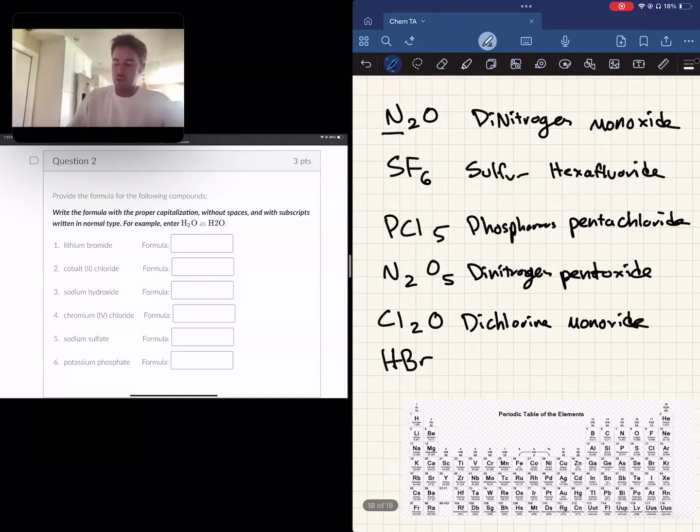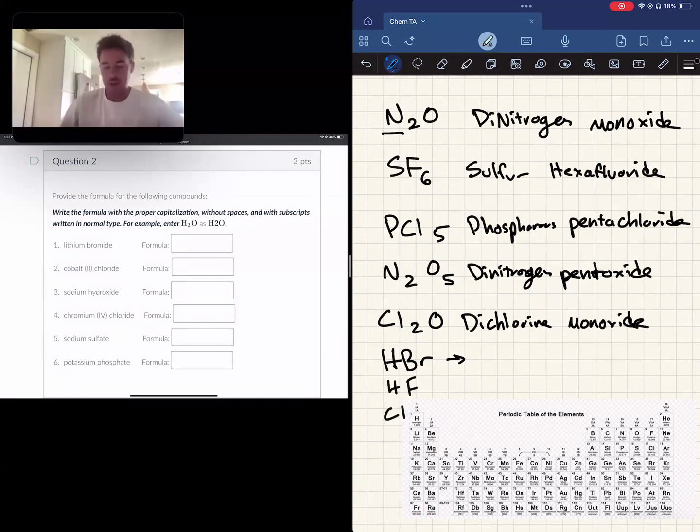Okay. And then this is the one where, like HBr, if you see HF, HCl, this applies to all of them. It would be hydrogen bromide. So you notice we're not using a mono here.